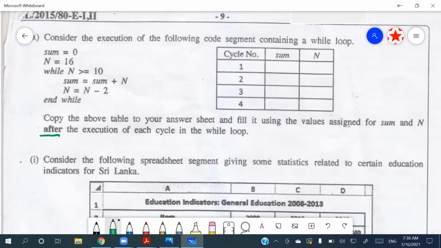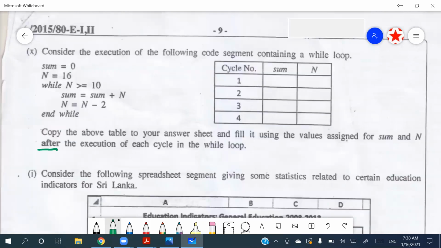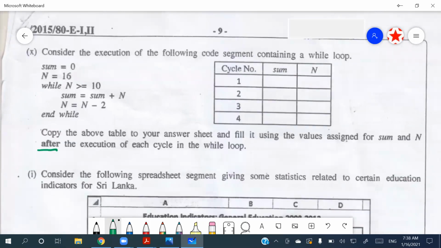Right, so at the very initial stage, when we hand trace, we start with sum equals 0 and n equals 16, right? We can't put that in this table as cycle number 1 directly, because they are talking about the cycle which happens in here. Right, so what we can do is take sum as 0 at the top and n as 16.